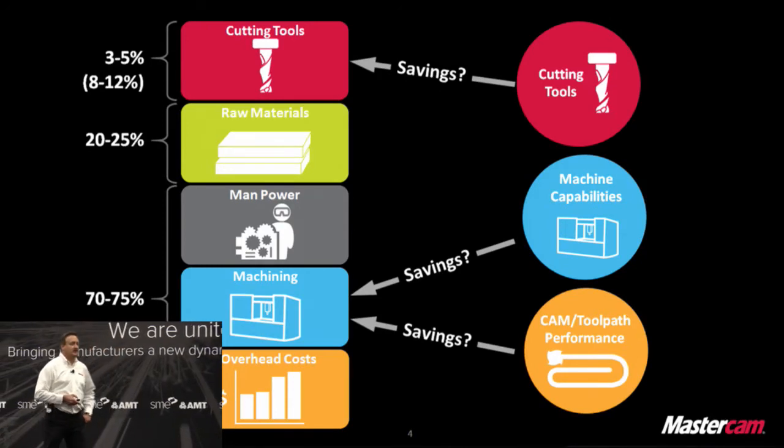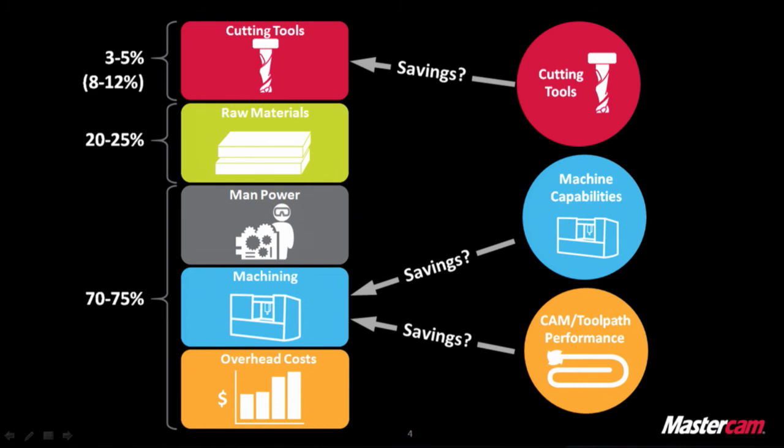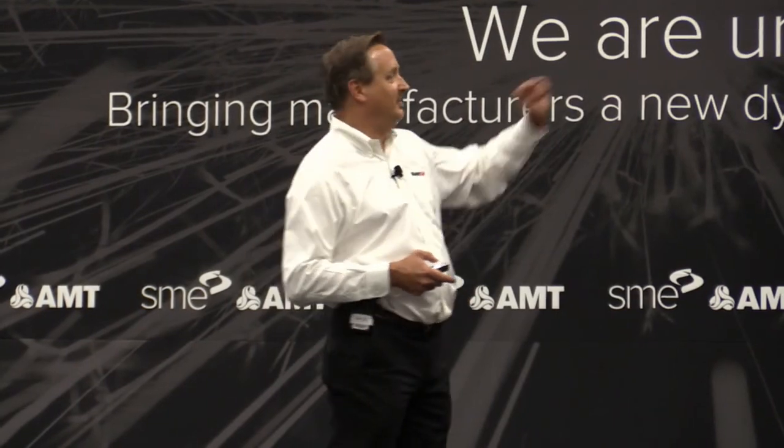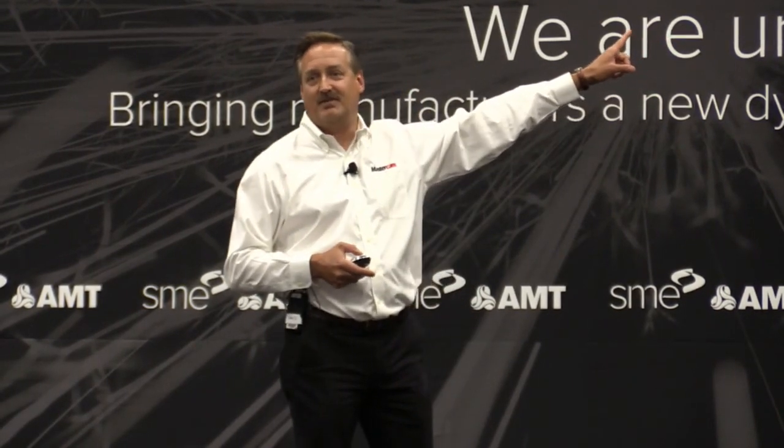Okay. All right. So when we talk about cost savings, we can give away the tools at 3 to 5%, and it still won't have the same impact. If I'm able to go from $1,500 per 1,000 cubic inches of material volume that I'm removing, down to $1,000, that's a lot more significant than that 3 to 5 cost.